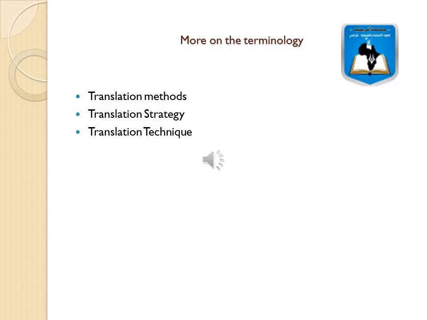Translation strategies are macro level oriented methods, while translation techniques are micro level oriented methods. Examples of translation techniques are literal translation, calque, borrowing, transposition, and modulation. So that's mainly the translation technique or the other strategy or procedures of the translation.